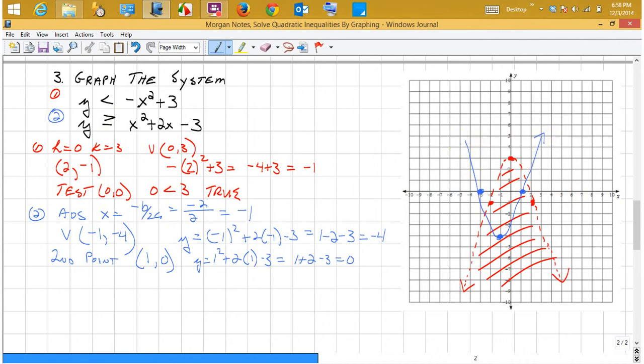And you can see that 0, 0 is inside of the parabola on this one also. Let's go ahead and test 0, 0. That gives me 0 is greater than or equal to negative 3. That's true. So we'll shade inside that parabola.